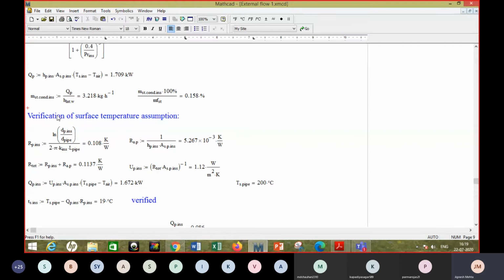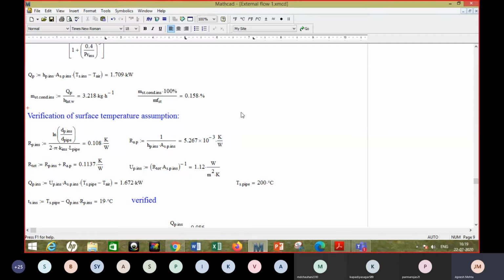And you might have come across in conduction, if you have a composite wall, multiple different materials through which the heat is passing, then you can use electrical analogy to find the overall thermal conductivity. So a similar thing has been done here.